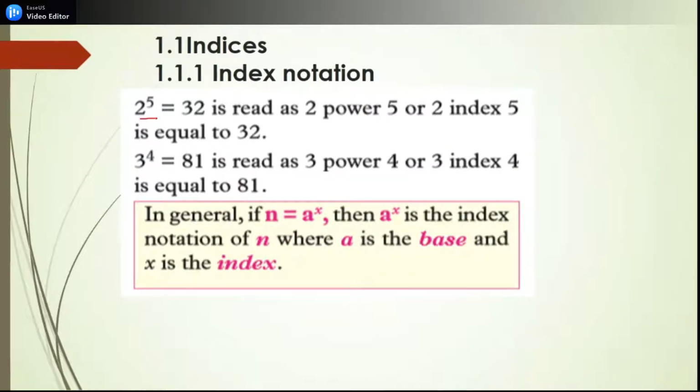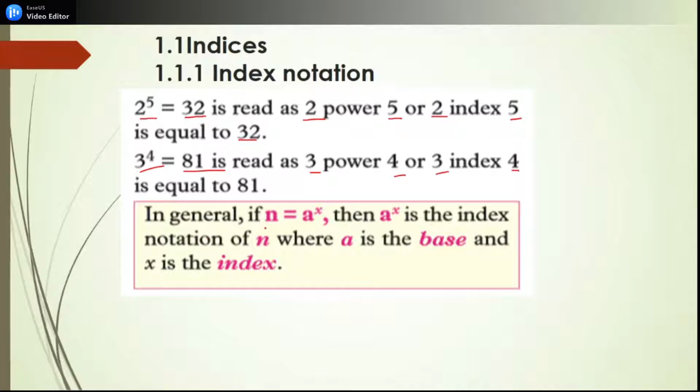2 power 5 is equal to 32. It is read as 2 power 5 or 2 index 5 is equal to 32. When you write 3 power 4 equal to 81, it is read as 3 power 4 or 3 index 4.